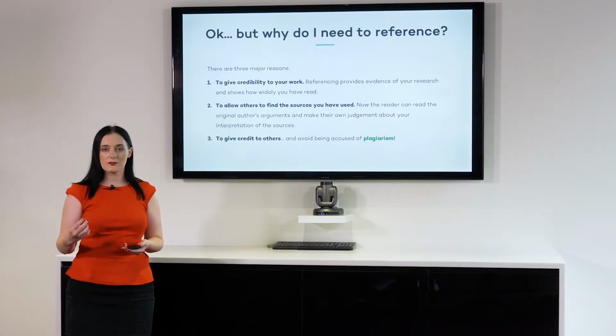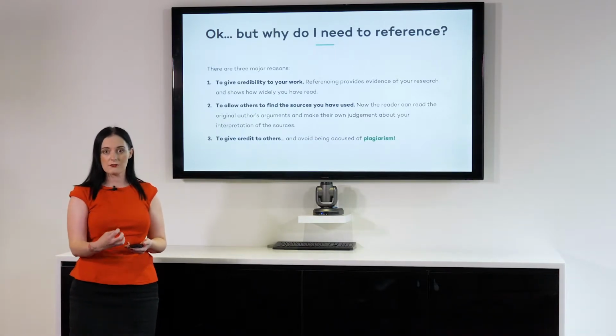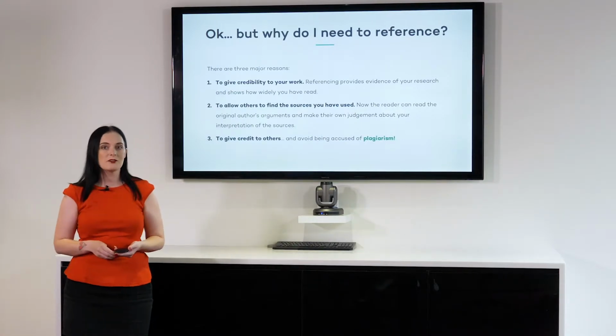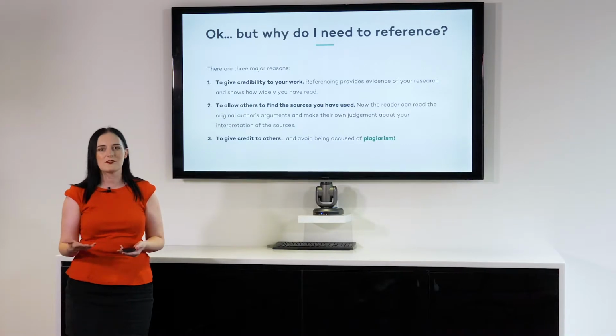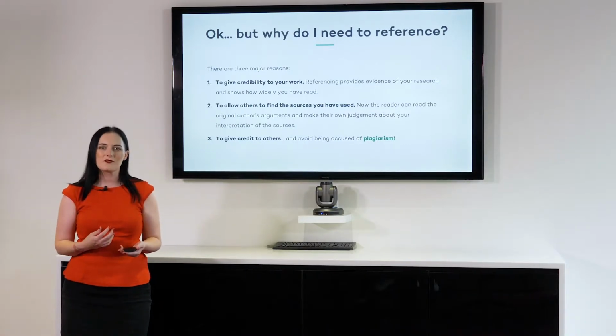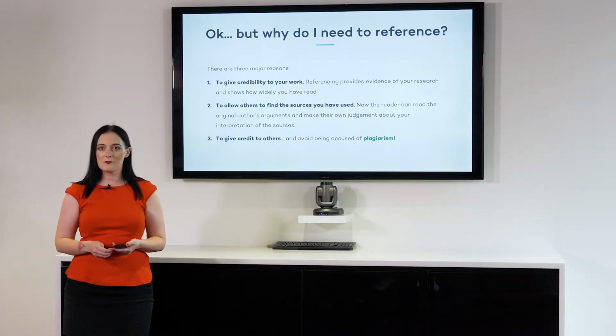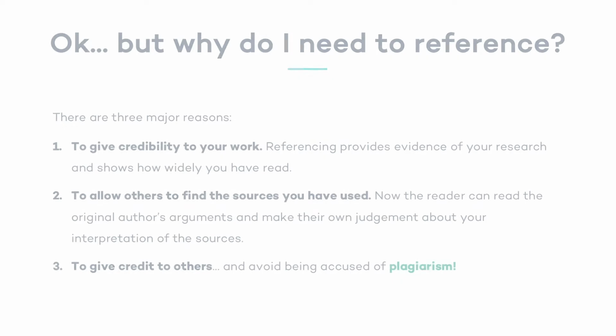So it's really good for that person to be able to locate the original source because they found it in your reference list. Then they can go to the source, whether it was a book or a fact sheet or something else. They can go to it and read it themselves, and they can interpret the information in their own way. And they might even be able to use it for something they're writing in the future. So it's a way of sharing information with other people.